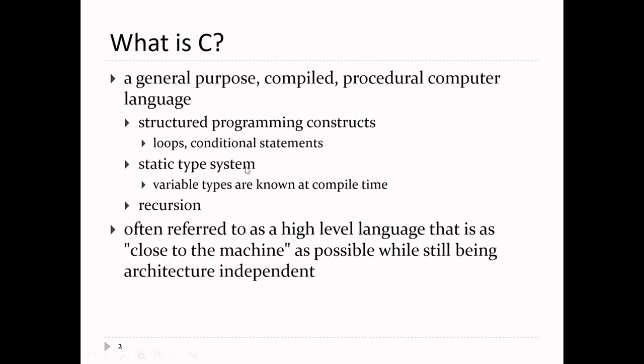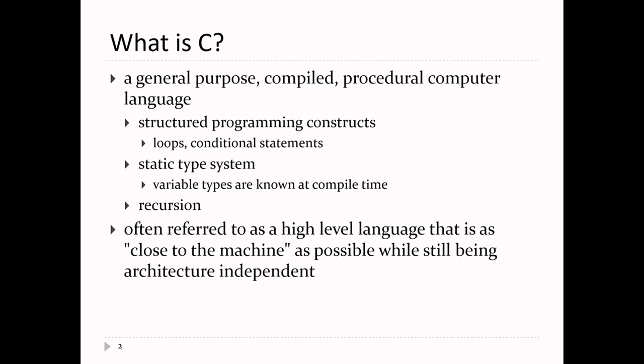Like Java, C has what's called a static type system. What that means is that the variable types are known at compile time. In a Java program, you have to say something like int x equals 1, so all your variables have types. The types are known to the compiler, which means the compiler can check, does the statement x plus y make sense? Are x and y both numeric types, for example. C is similar in that regard.